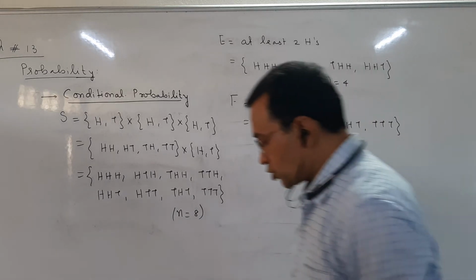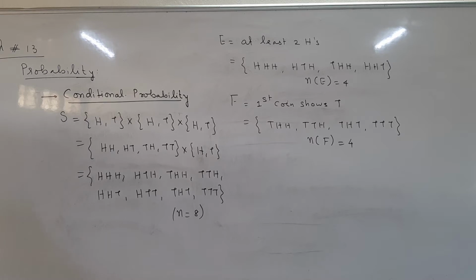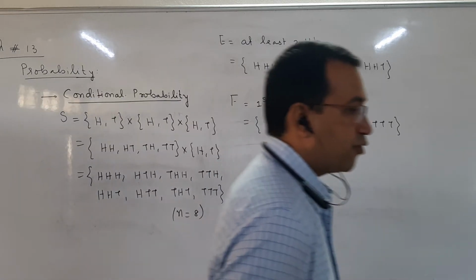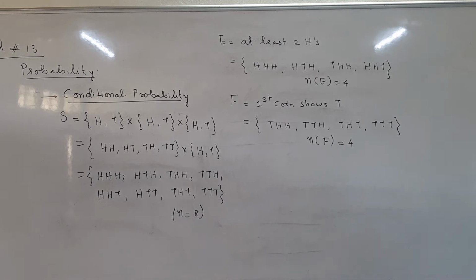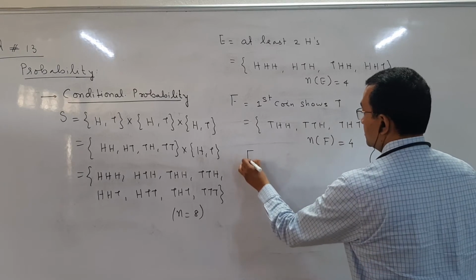Now both the events, event E and event F, have 4 outcomes as favorable. Clear?